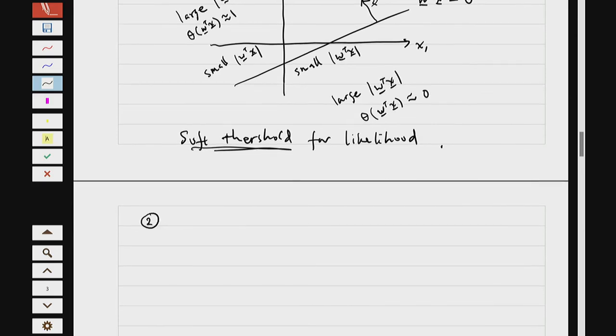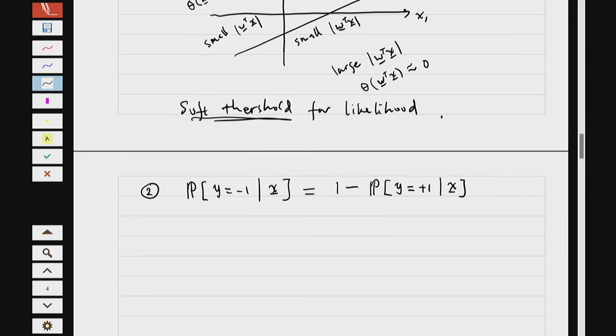Second thing, I mentioned a little bit already, that there's this complementary probability, right? If we define the probability for y is +1, but what about y is -1? Just 1 minus that, just a simple probability. I already mentioned that probability is very important to this course. So this kind of basic probability you definitely need to know.